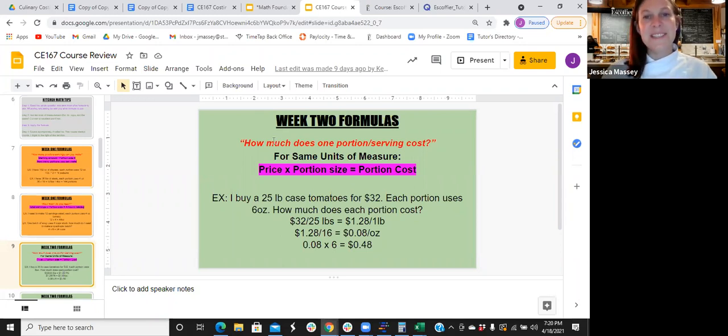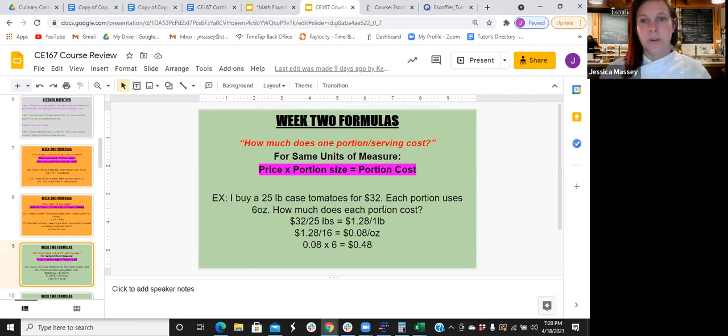Anyway, so this is how much does 1 portion serving cost? Something to note, again, you always have to be in that unit of measure. So reading this problem: we buy a 25-pound case of tomatoes for $32. Each portion uses 6 ounces.